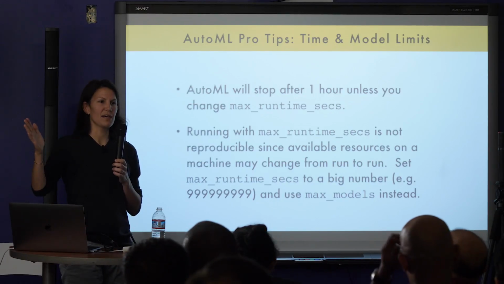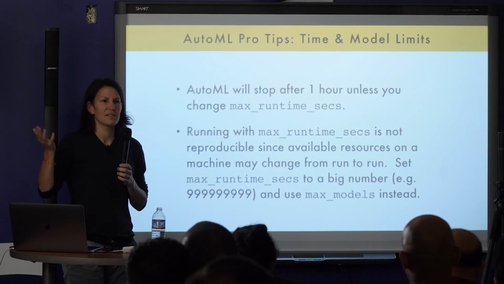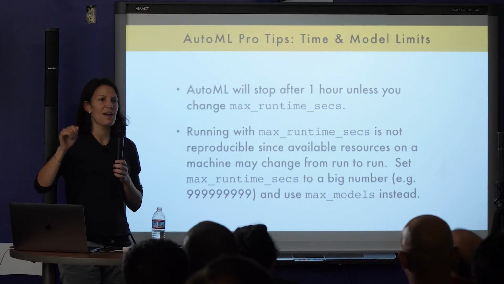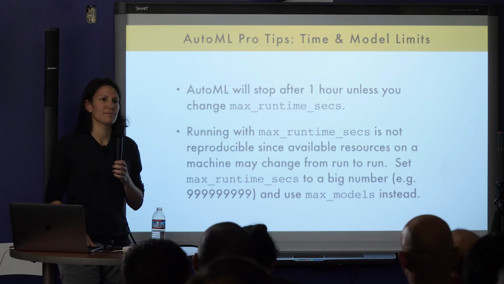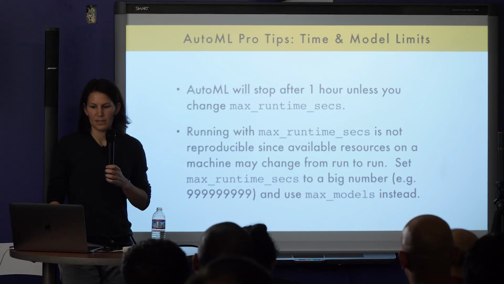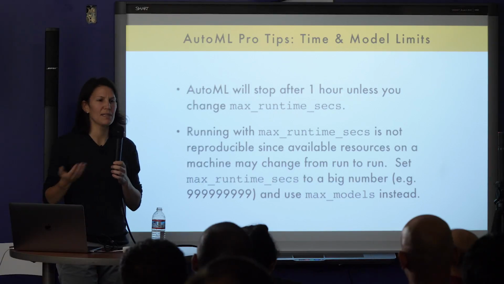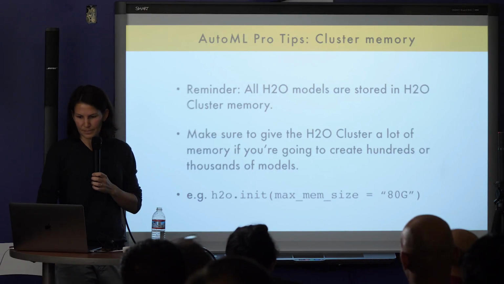You might be wondering, I asked for 200 models, why did it only give me this many? That would just mean you should change max runtime to something very large so that you don't hit that stopping point. If you use it a couple of times, you'll figure it out, but you might be confused about why you get certain results.